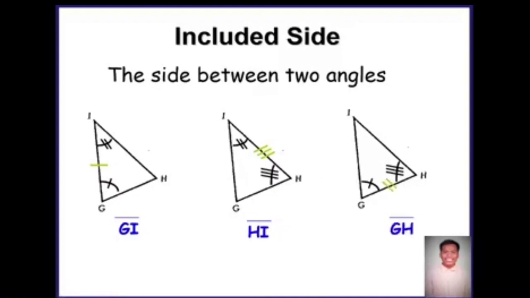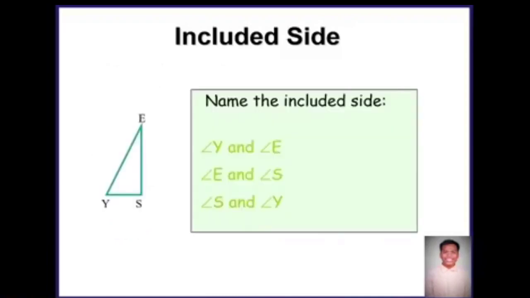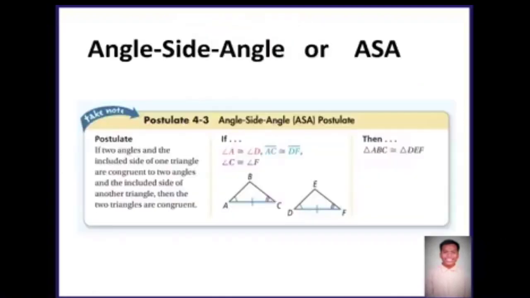And this is where our third postulate is formulated. So you have there the included side, using triangle YES, the included sides YE, ES, and SY.